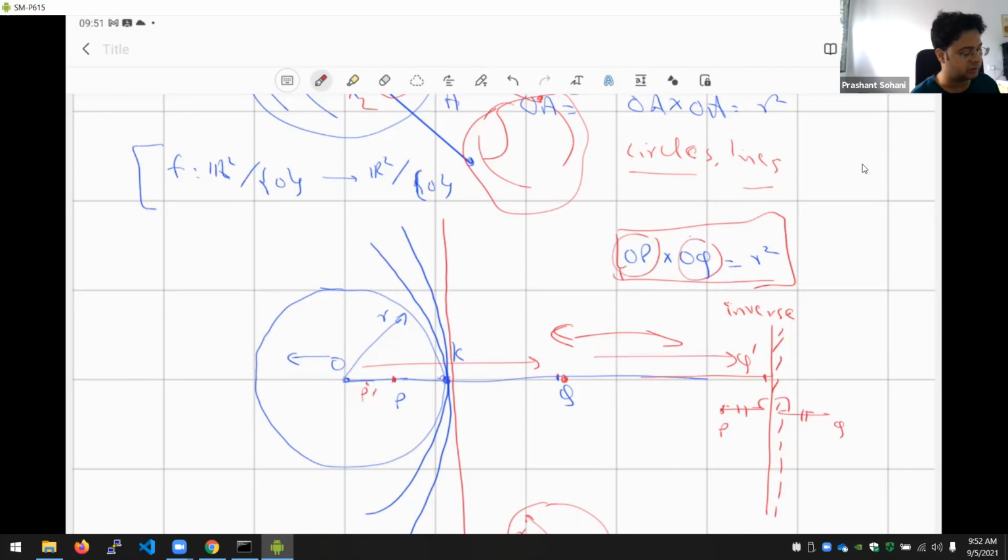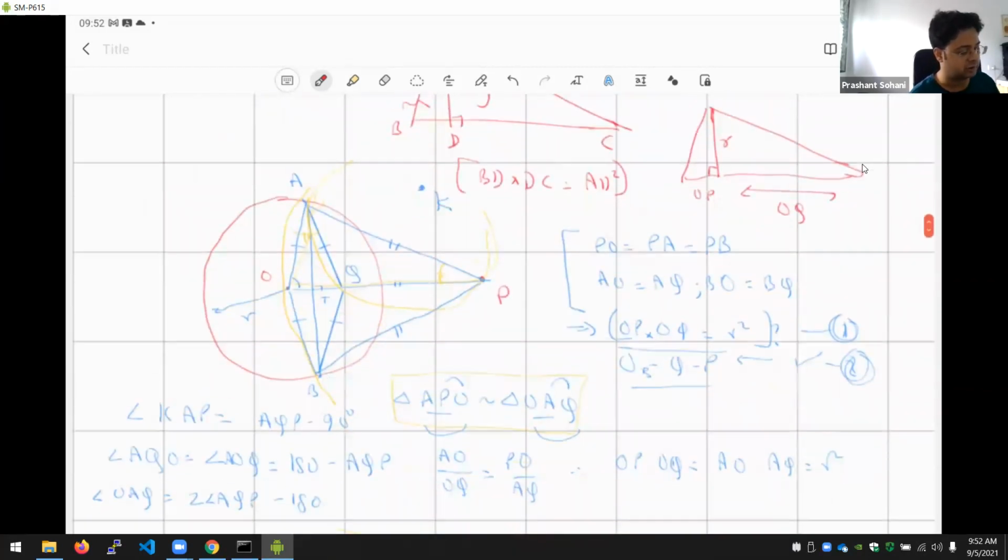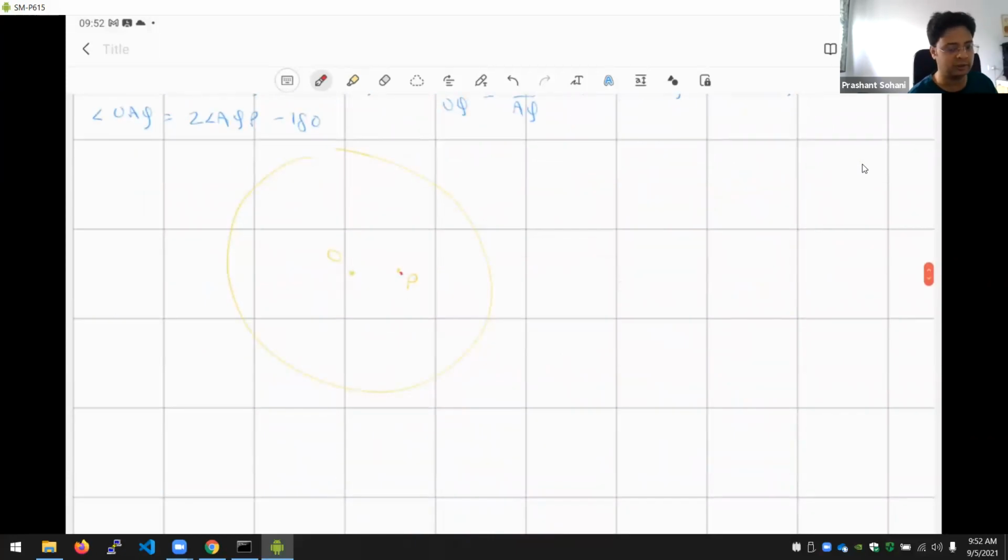Okay. So you can basically move one point farther and farther, double, 4, 8, any power of 2, and the inverse will keep moving closer and closer to the center by the same factor of the power of 2. So if your point P is here and you want to find the inverse of P wherever it is, you first keep on doubling the distance. If I call this P0, I double it, I get P1.